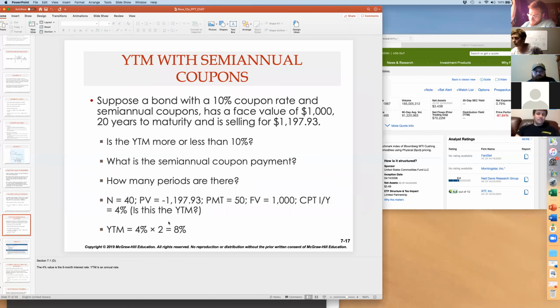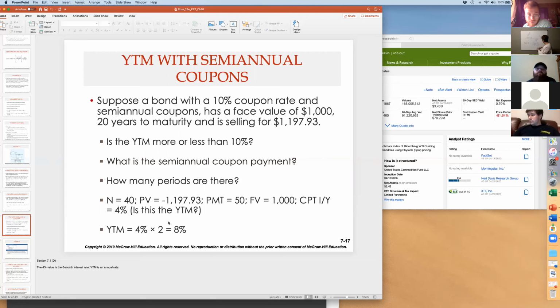All right, so this is another one just like it. It's with semi-annual coupons. I notice here that in this problem it's selling for $1197.93. That's at a premium. So we've got a bond with a 10% coupon rate, same as we had before, semi-annual coupons, which means that they're going to still be $50 coupons, still got a face value of $1,000, and it's 20 years to maturity.